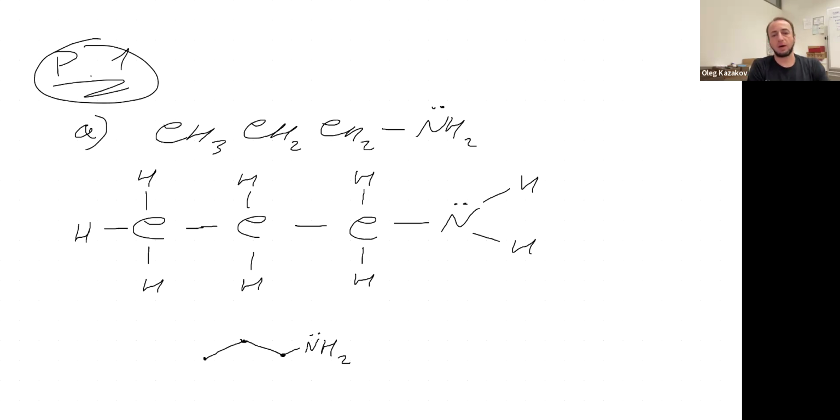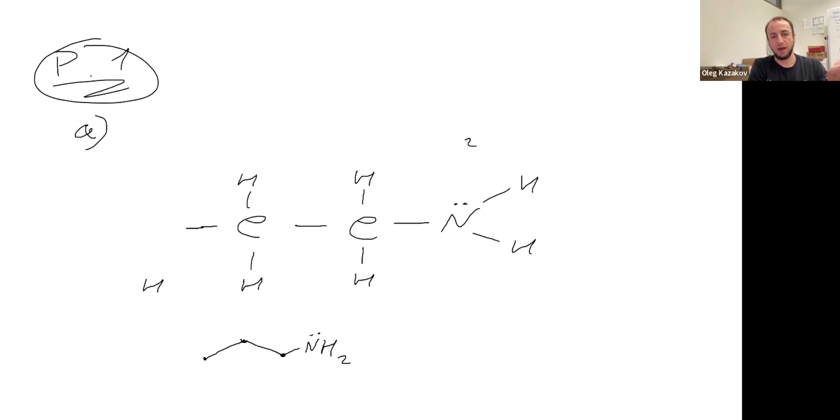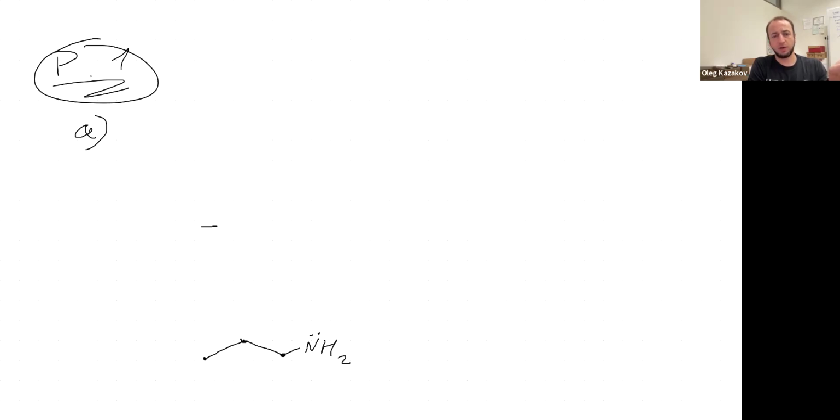Okay, so now let's take a look at something more long, so to say, right? In this situation, we can switch gears to maybe just a longer chain alkane. So let's just remove the functional group and see what we can do. We are going to start with a condensed structure.